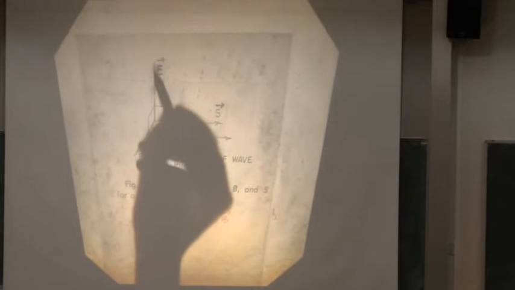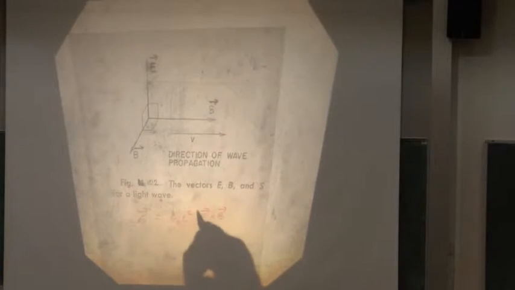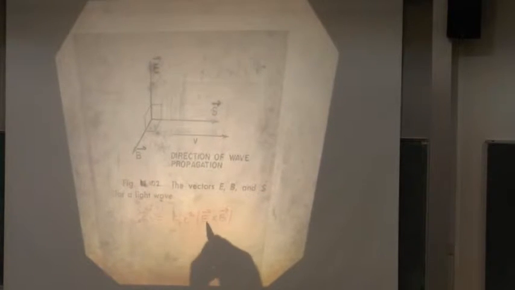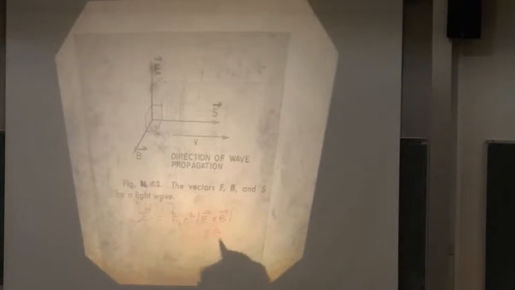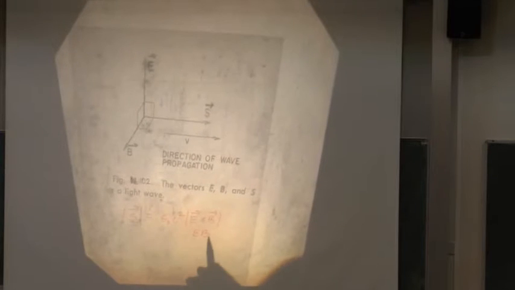And as in an electromagnetic wave, these are at right angles to each other. The magnitude of E cross B is just E times B because there's 90 degrees between them. So the magnitude of this is just EB.